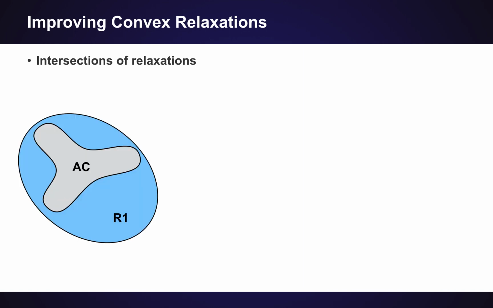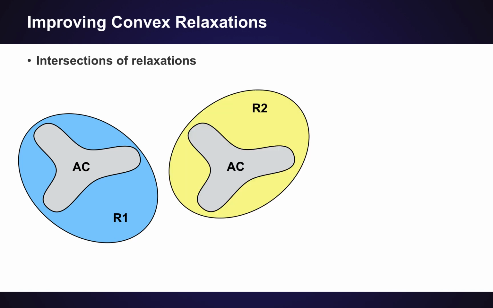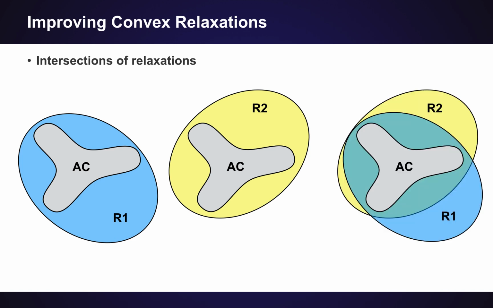Pictorially, imagine you had relaxation 1 with this property, and then you derive a very different relaxation, relaxation 2, that captured the feasibility space in a very different way. Now if you intersect these two, you get a tighter convex region, represented by this greenish area, which is a better relaxation than both of them independently.